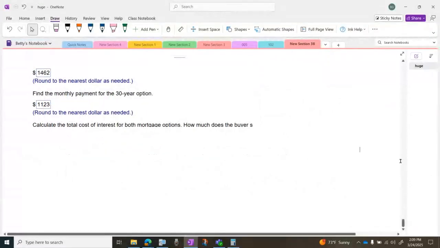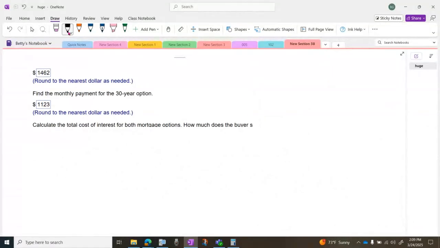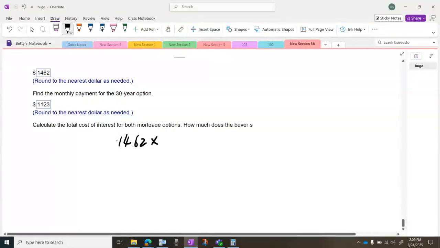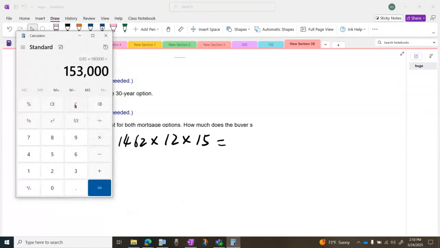For the 15-year payment option, you pay $1,462 every month times 12 times 15. That's how much you end up paying the lender for the 15-year option. That is $263,160.